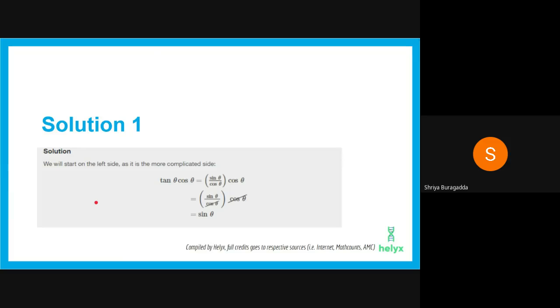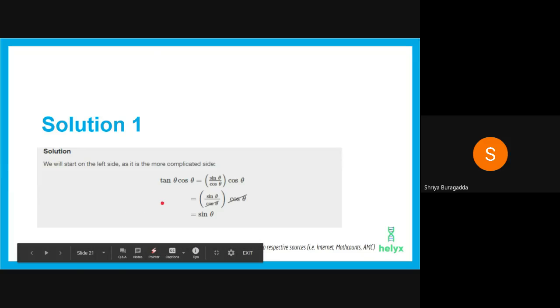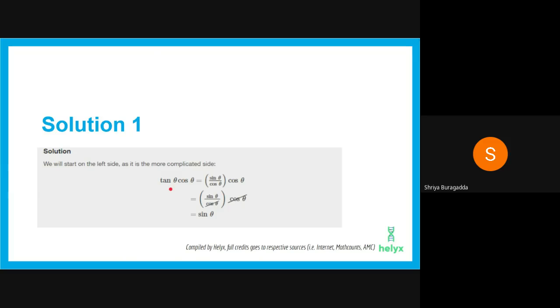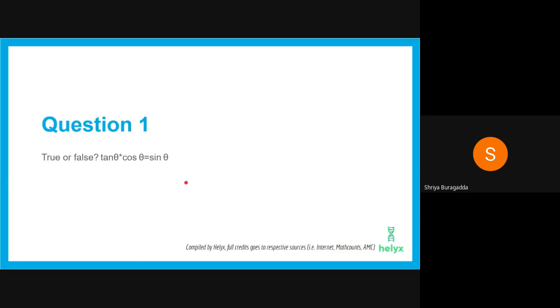Okay, so the solution just shows you how to do it, but essentially they're multiplying. Actually, this solution's a little bit confusing, but we know that tangent is sine over cosine.